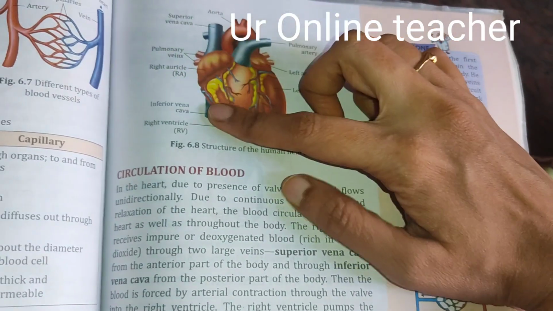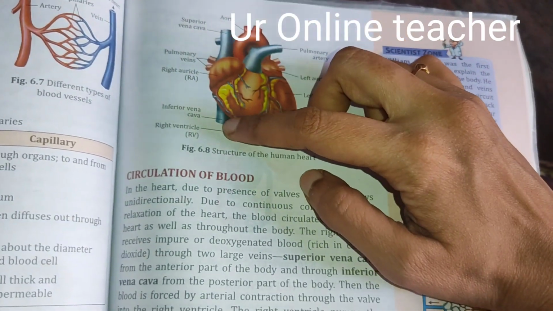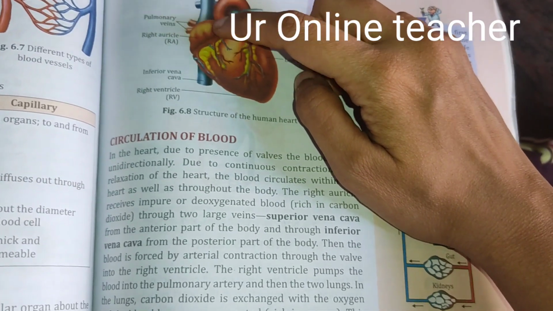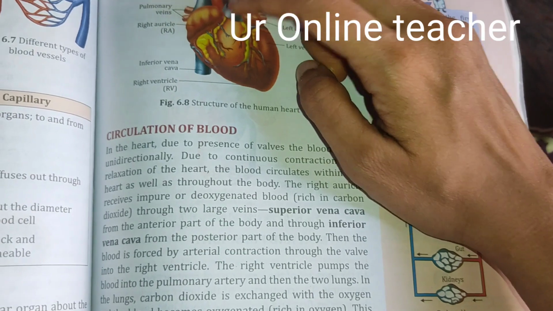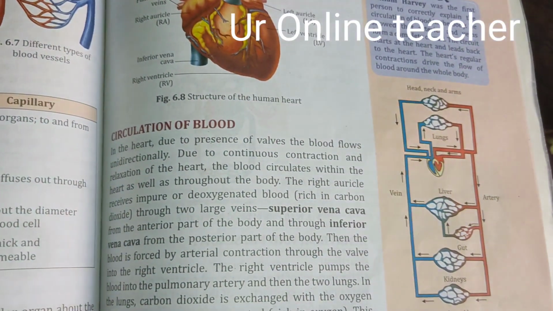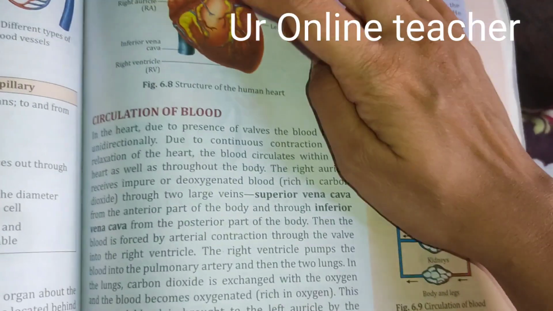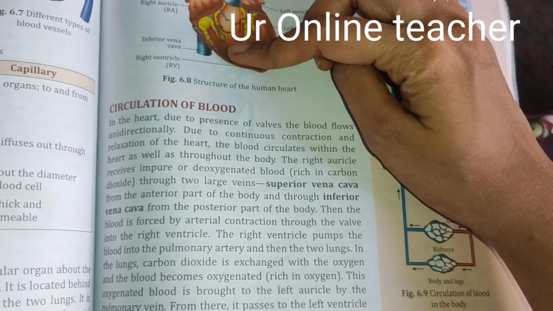From these two, the right auricle will receive the blood. The blood is forced by auricular contraction through the valve down into the right ventricle.